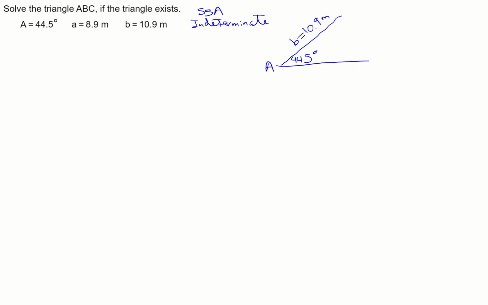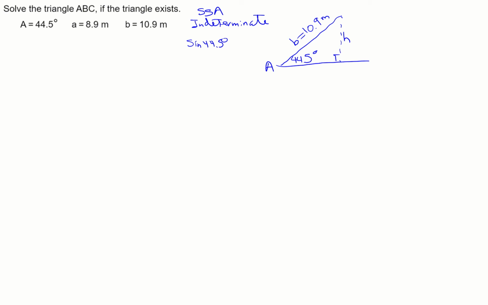So let's go ahead and drop a perpendicular here to find the length of the height of this triangle if it were to exist. We can quickly measure the length of the height by finding the sine of 44.5 degrees, because that will be opposite over hypotenuse.